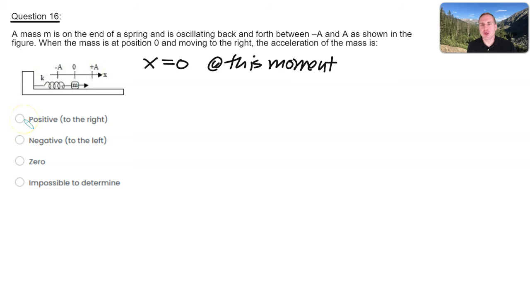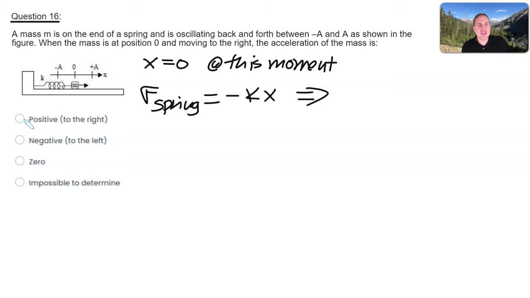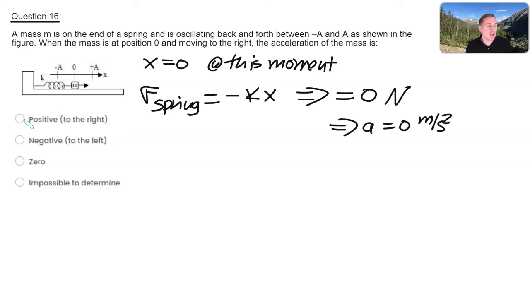And hopefully most of you know that the only force in a simple harmonic motion system where a mass is on a frictionless horizontal surface attached to an ideal spring is going to be the Hooke's law spring force, which is minus kx. But if x is 0, then this should be equal to 0 newtons right now. And if the spring force is 0 newtons, that means the acceleration should equal 0 meters per second squared. So it is going to be 0.